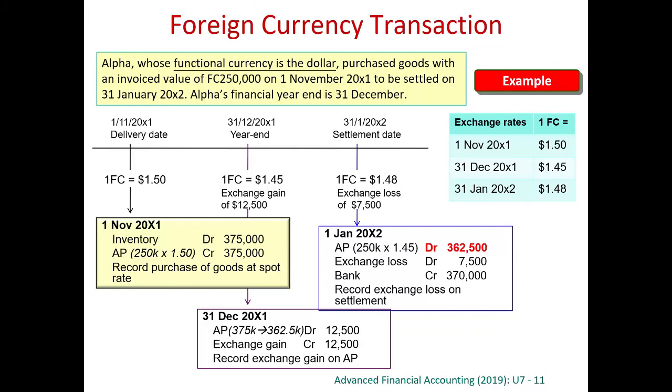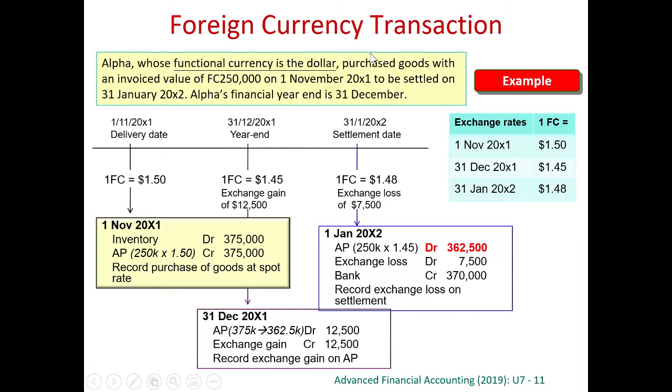Take an example. In this case, Arthur has a functional currency in dollar. They purchase goods with an invoice value of 250,000 FC on 1st of November, and it is settled on 31st of January, and the year end is 31st of December. When we purchase something, of course, we debit inventory and we credit payable.